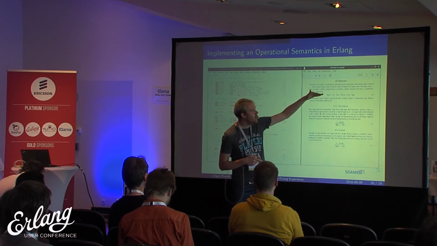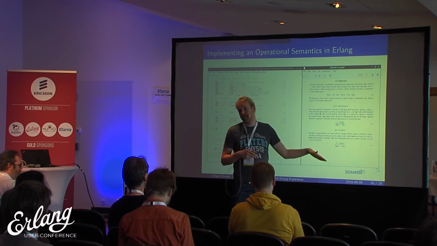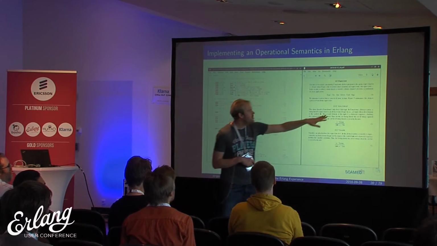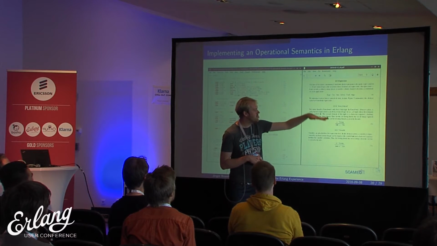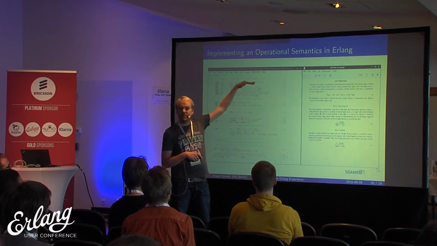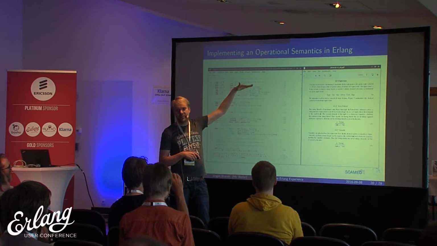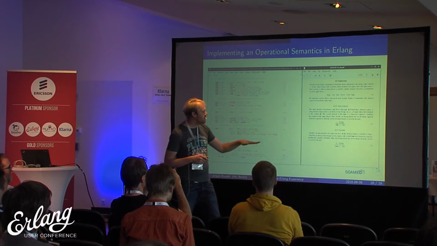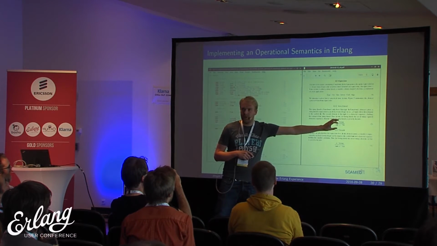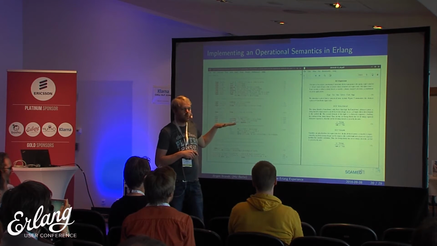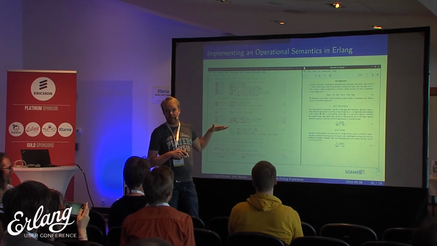Essentially, you end up with a number of formulas. I'm sorry, you can probably not read it, but what I want to show you is that each and every formula that appears here in this paper, in the text, has a one-line correspondence in Erlang. So you can say, okay, this is just a line of formula in the text, and it corresponds one-to-one to a line of code in Erlang.